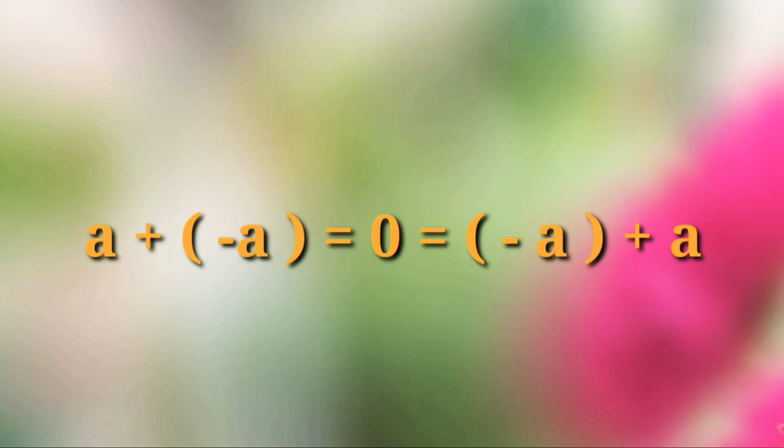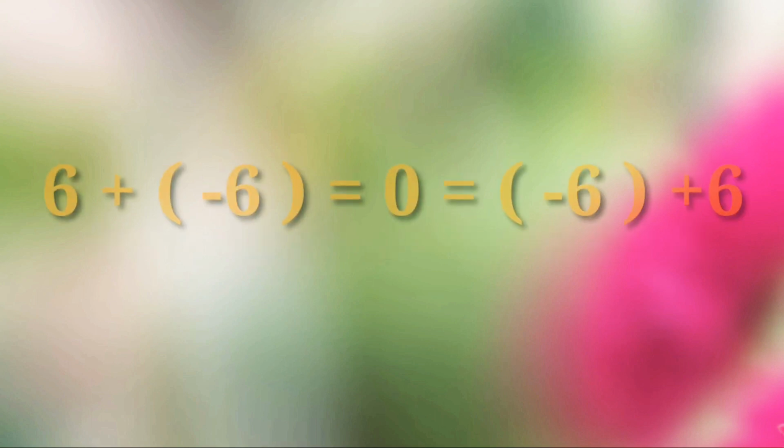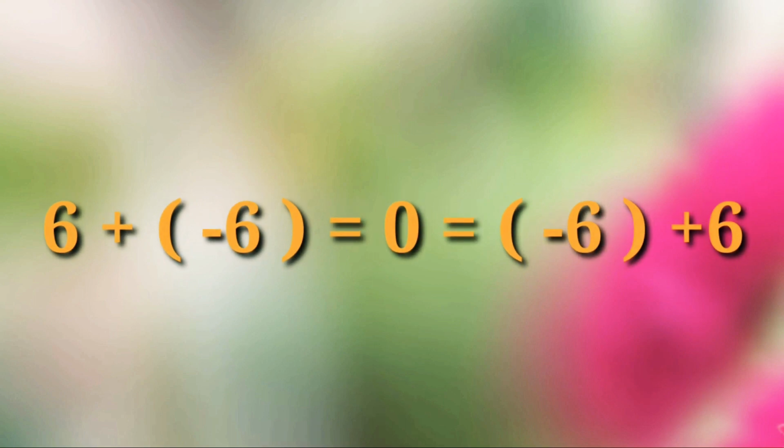So the answer will be 0. For example, you have taken number 6. What will be the additive inverse of 6? It will be -6. So 6 plus -6 equals 0. Same as additive inverse plus number. So the answer will be 0.